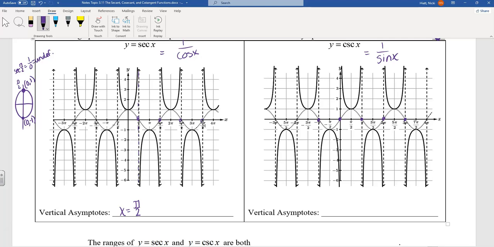So the period for cosine is 2 pi, but cosine equals 0 twice within that interval, right? From here to here is half of the circle, which is pi, and then back up to here, which is half the circle, which is pi. So we can say that the vertical asymptotes are at pi over 2 plus pi k.